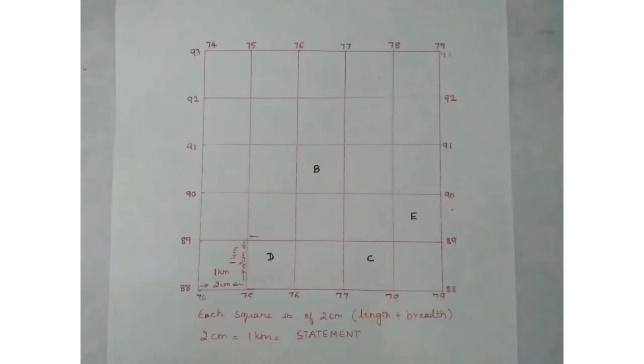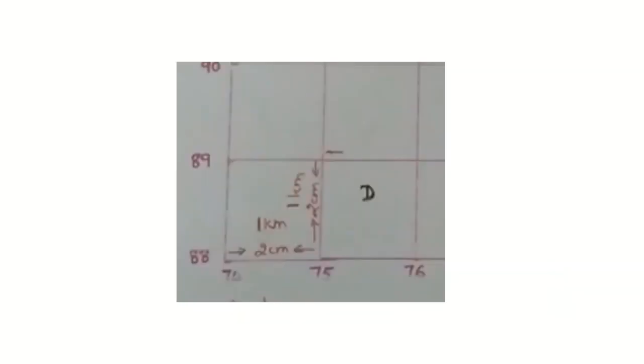Likewise, we do for all the other grids, and on the basis of this only the topographical map has been made. Now this is a clearer look, that 2 centimeter by 2 centimeter and 1 kilometer and 1 kilometer. So the statement of the map is 2 centimeter is equal to 1 kilometer.